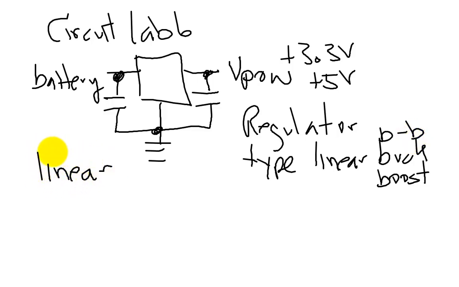In a linear regulator, what are the things that matter? There are 3 parameters. Here's a pile of linear regulators. Pick the correct one. You want to look at 3 things. There may be more, but at least 3 parameters associated with choosing the correct regulator.